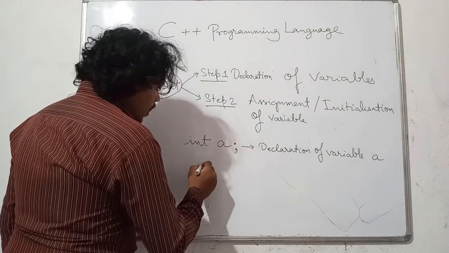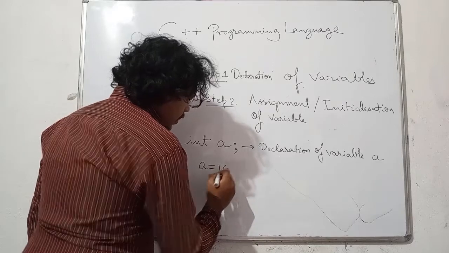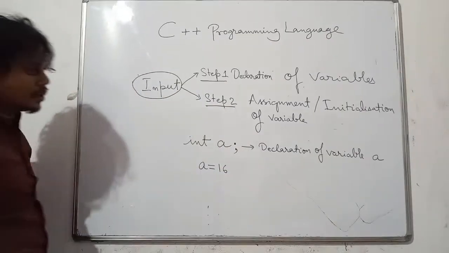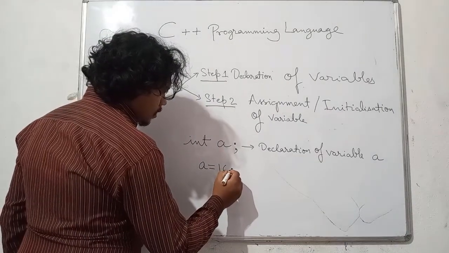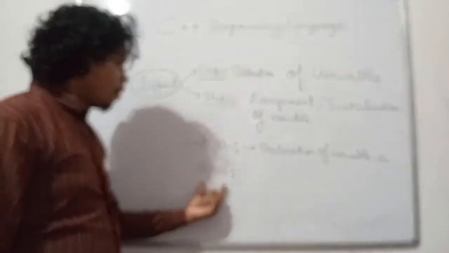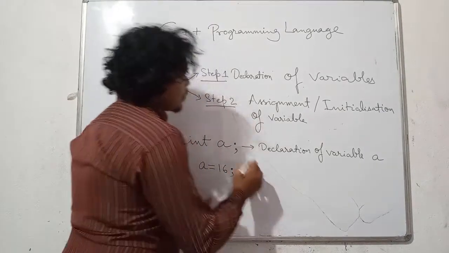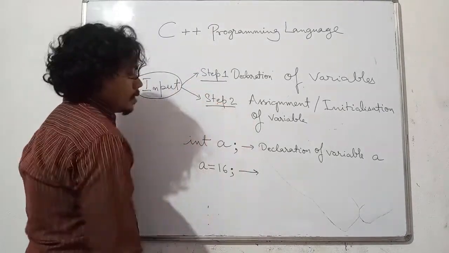Now a is equal to 16. What is it? It is the second step.